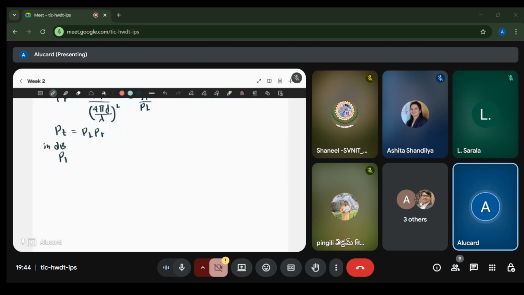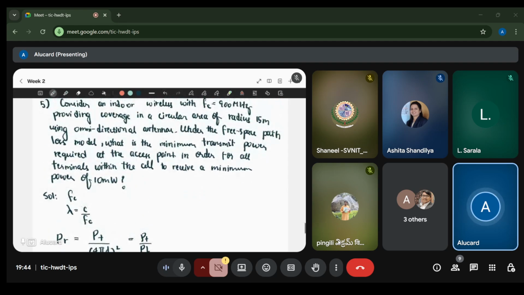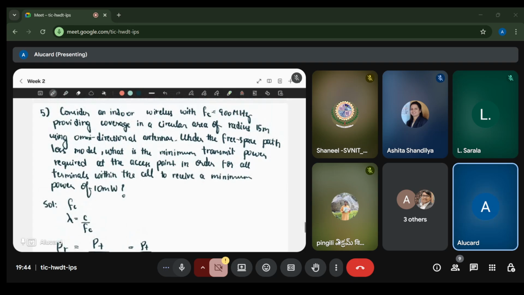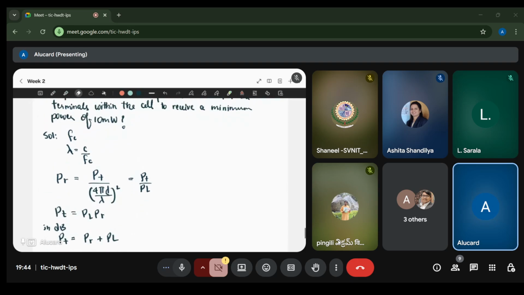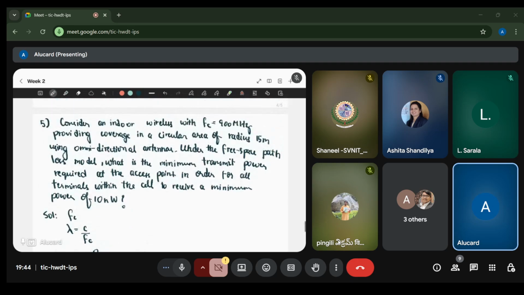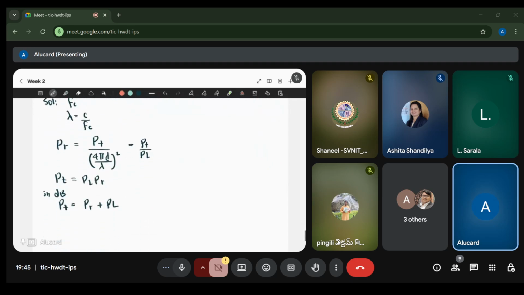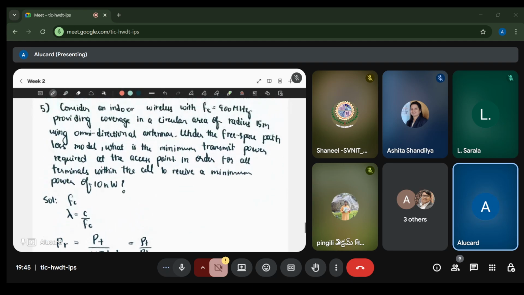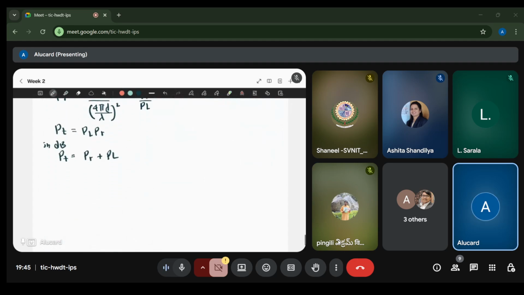In dB, PT is P received plus path loss. P received has been given, minimum power of 10 nanowatts, converted to dB. Path loss you can find from (4 pi d over lambda) whole square. That's the path loss converted to dB. And that's it. That will give you the transmit power.